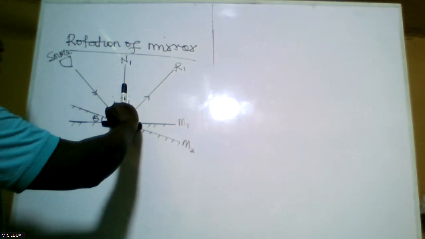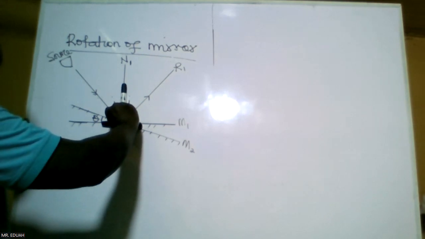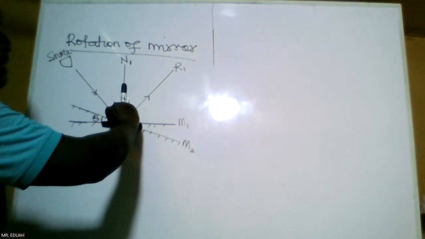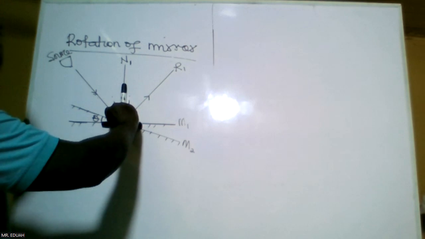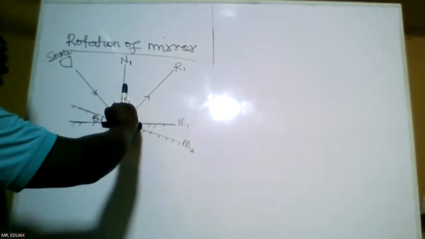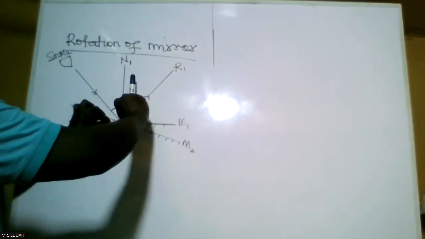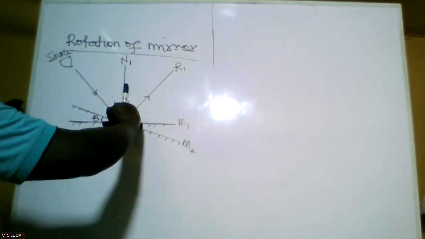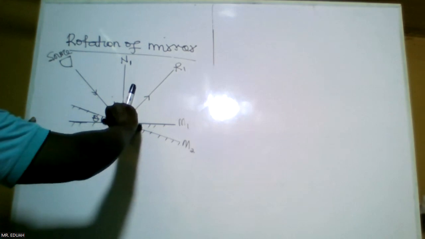The horizontal marker represents the mirror's old position. The vertical marker represents the normal to the first position M1. Are we okay? So watch what will happen when I rotate it through the angle.